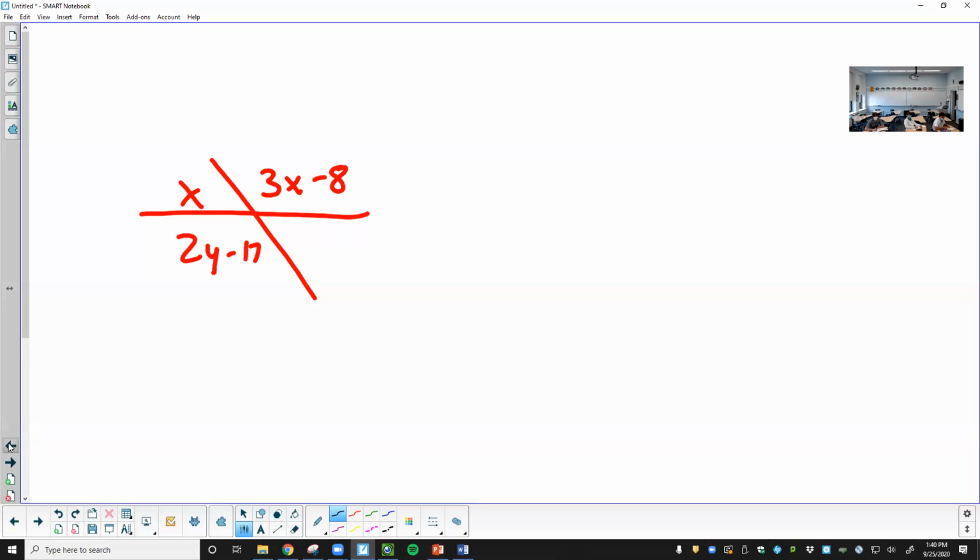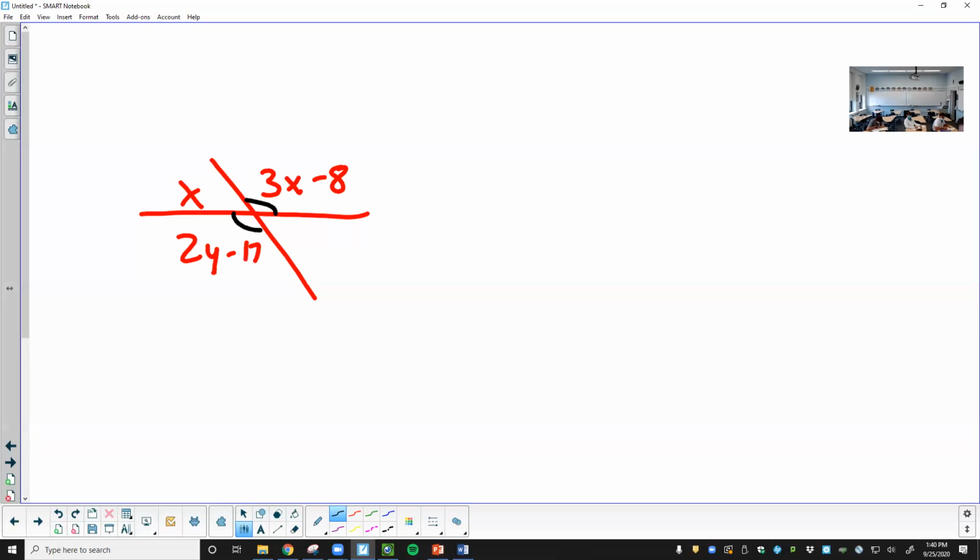Well, we have vertical angles, right? So we do know these are congruent. But if I set up that equation, that's going to be in terms of x and y, right? So what's another equation that I could set up from this?